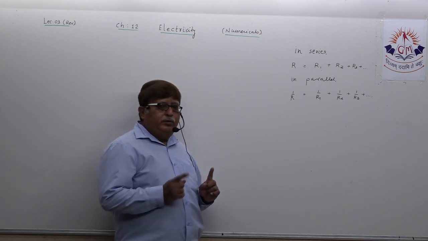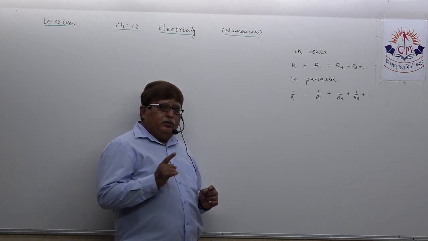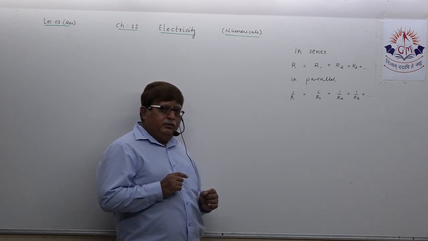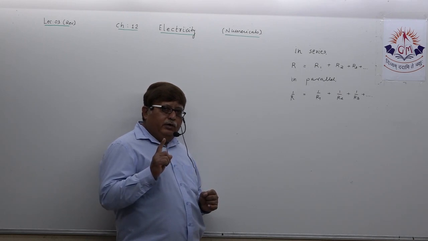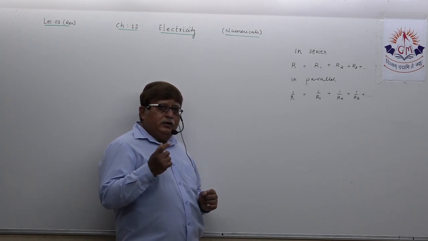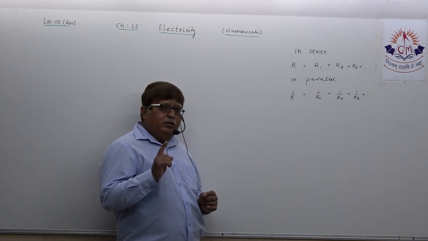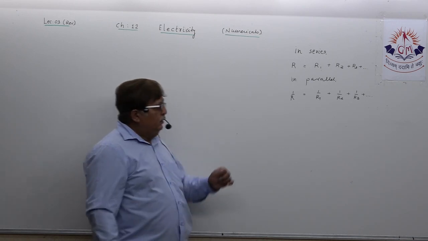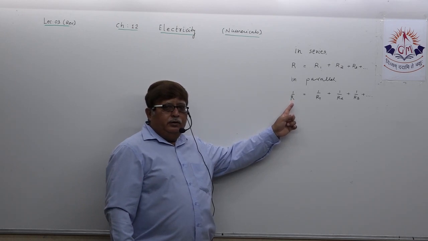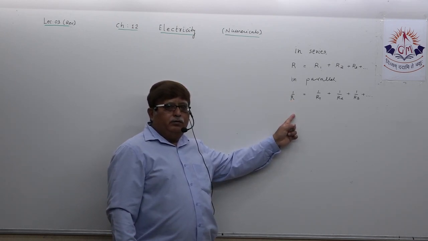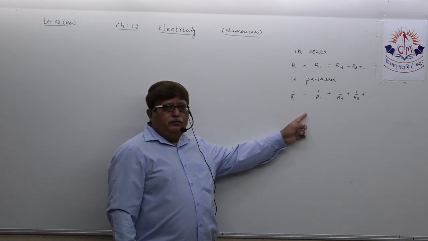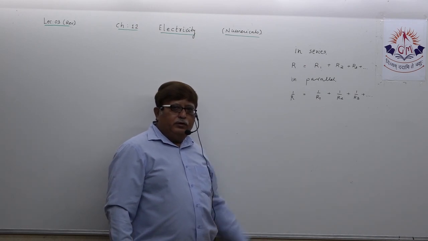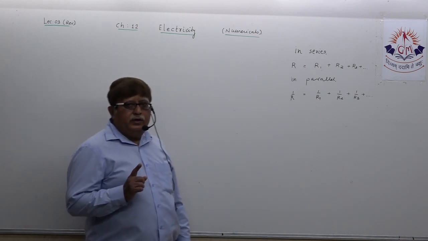First, speak about the current. The current passing through each resistor is different. Second, speak about potential difference. The potential difference across each resistor remains the same. The reciprocal of equivalent resistance is equal to the sum of the reciprocals of all resistors connected in parallel.